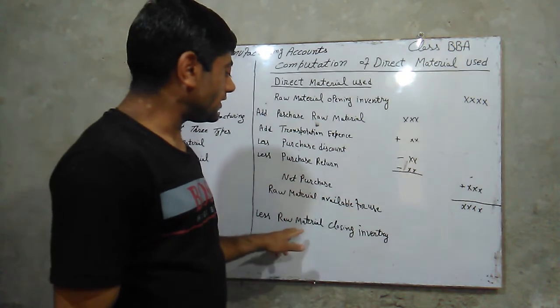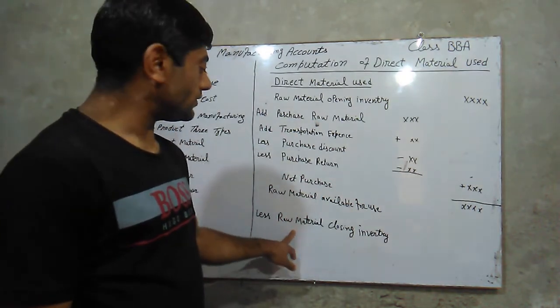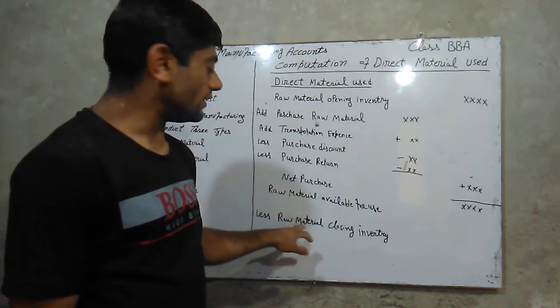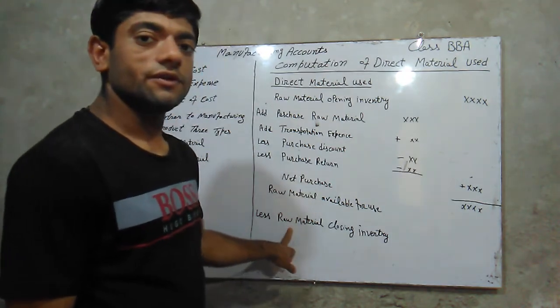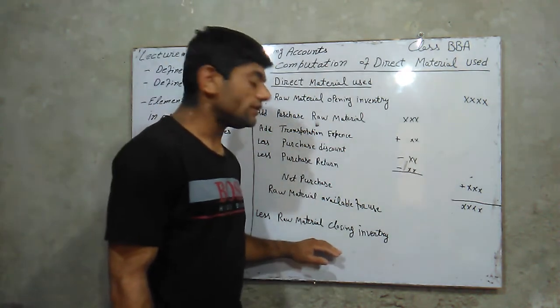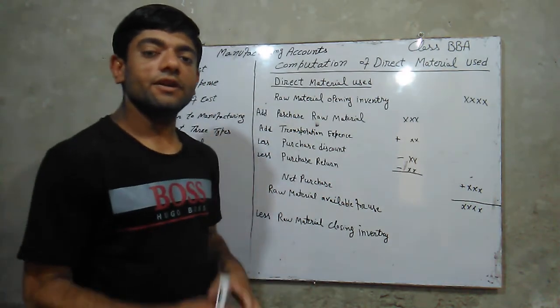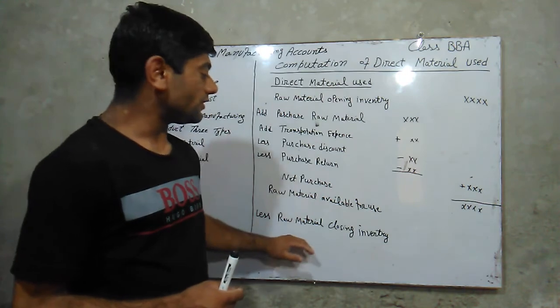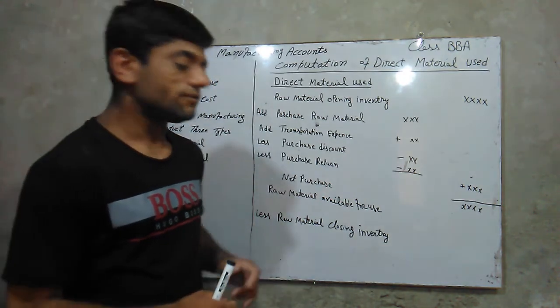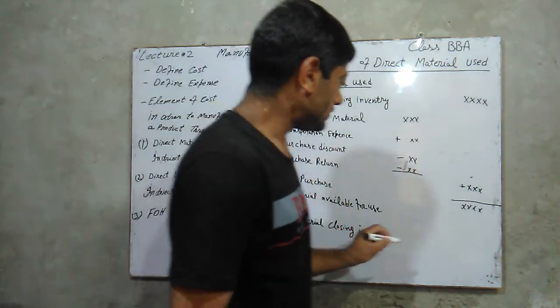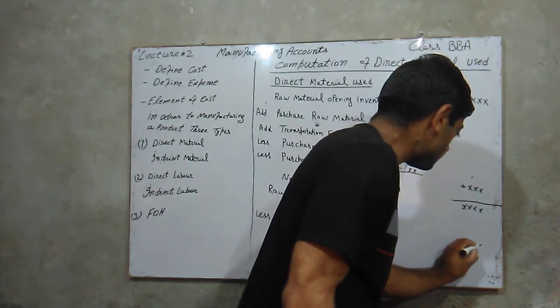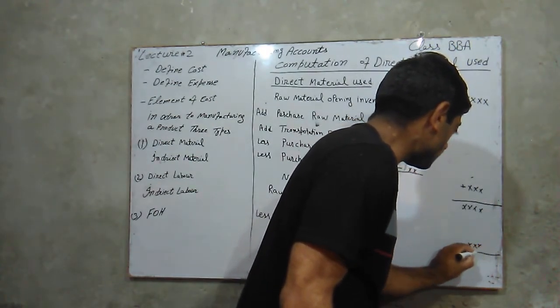A material that is not used in production during the year is our closing raw material. Means that material is not used in production, that material remains at the end of the year, so it's our closing raw material. So it's less from material available for use.